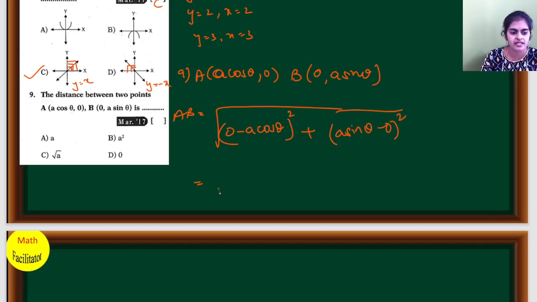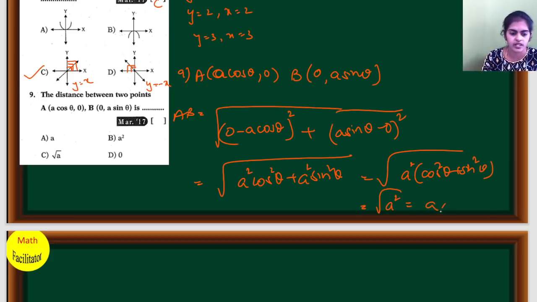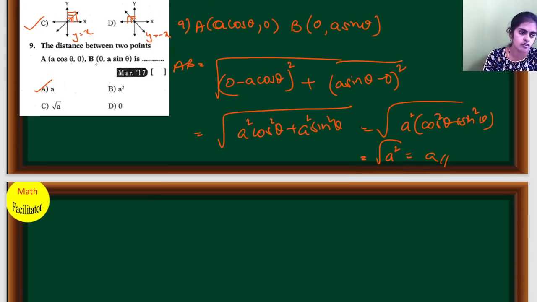So you get root a square cos square theta plus a square sin square theta. So a square again you can take common, and cos square theta plus sin square theta you will have as how much? 1. So it is root a square, so you can simply write it as a. So distance is a units. Okay, so option A is correct.